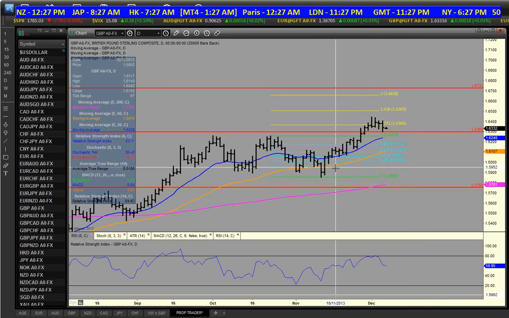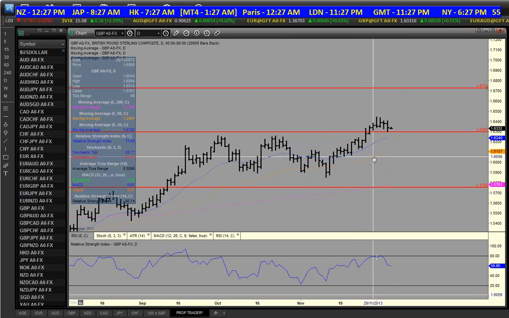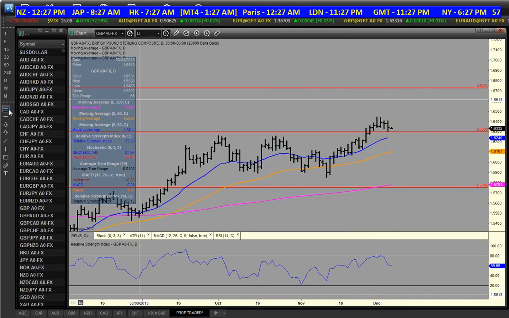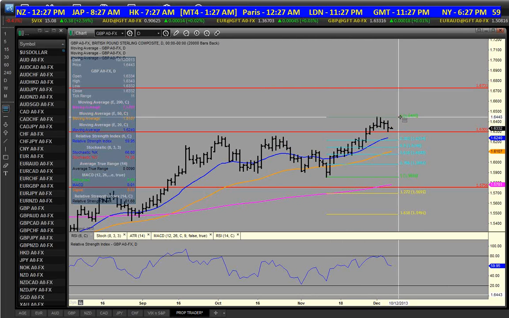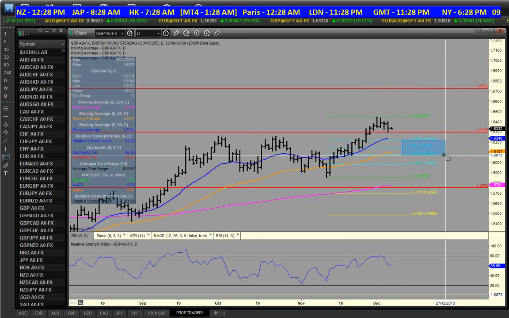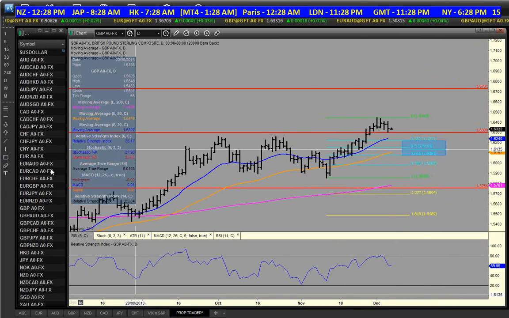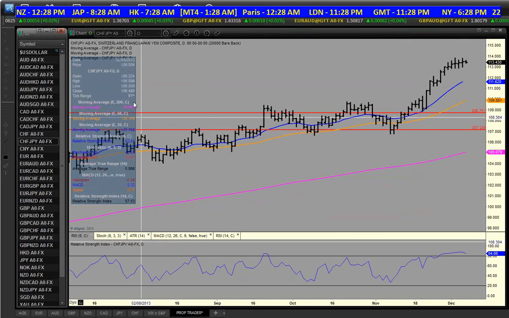But now that we're getting that rollover, I'd be looking to set it up for a long trade and saying, well, somewhere in here is where I'd want to get long. And the same with the Swissy yen.